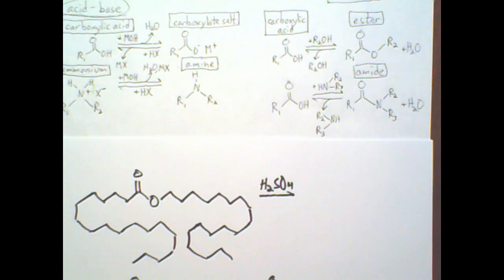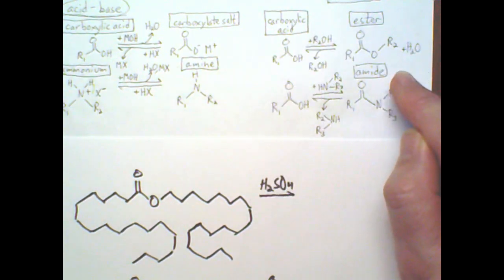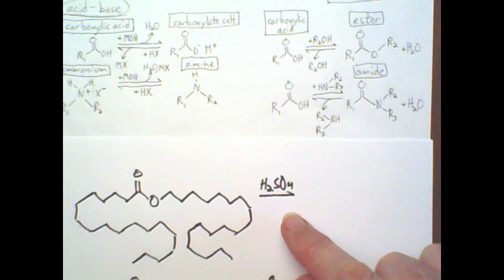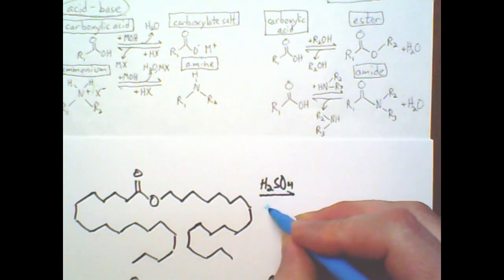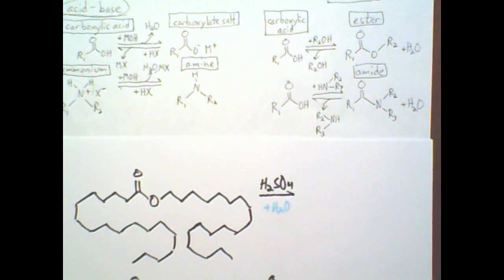So we just need to relate this reaction up here to this molecule down here. One thing we would need to make this reaction happen is water. So H2SO4, let's also add some water, do this reaction in water.